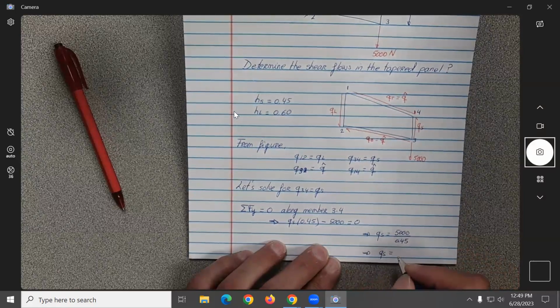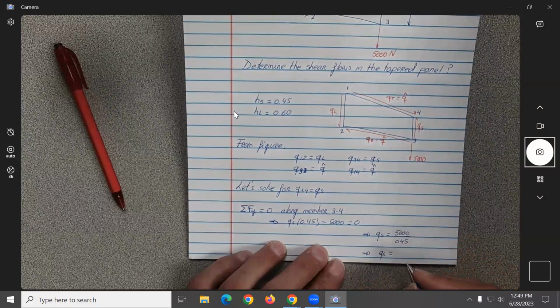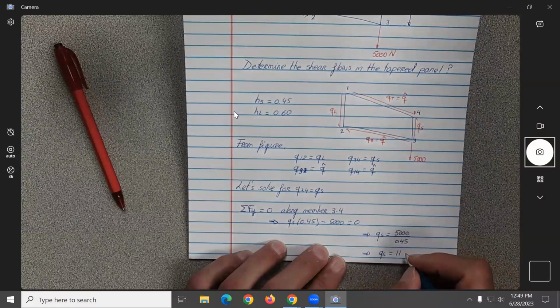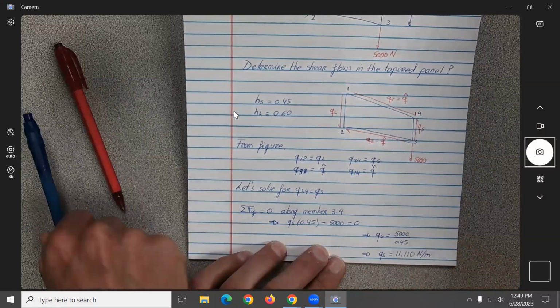I think I have it here. Yeah, QS will be 11,110 newtons per meter.